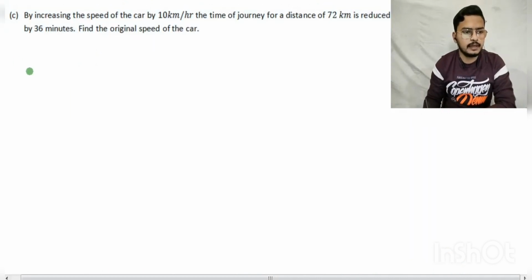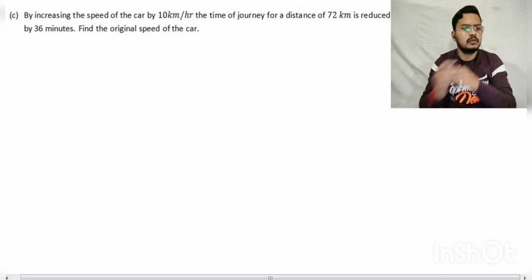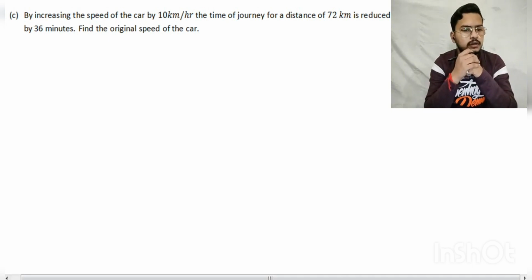Next says that by increasing the speed of a car by 10 km per hour, the time of journey for a distance of 72 km is reduced by 36 minutes. Okay, then we have to find the original speed of the car. So how can we solve this particular question?